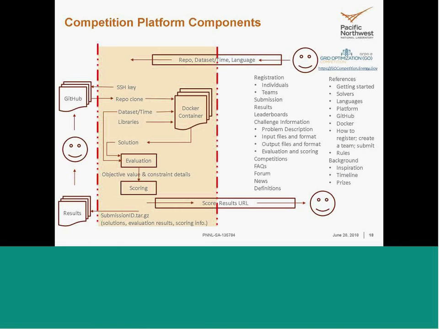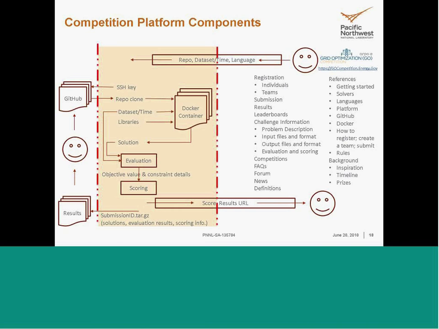So after your code is run, you will have to present us with a solution in a specific format. That solution, along with the initial data set, goes into the evaluation program, which calculates the objective value and all the constraint details. That information goes into the scoring algorithm. The score and where your results are go back to the website.